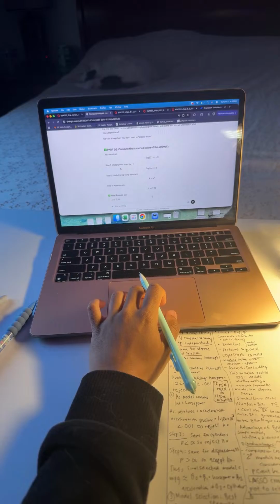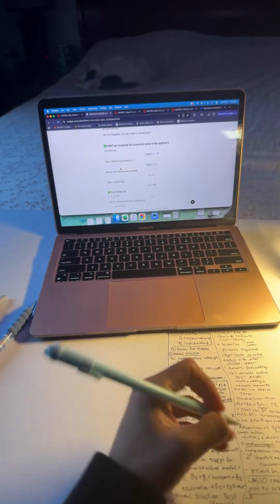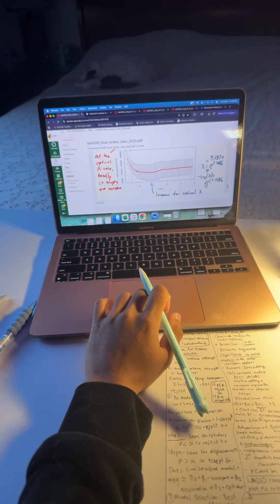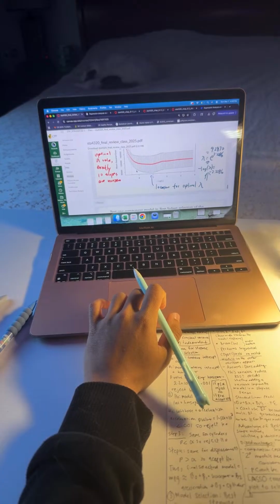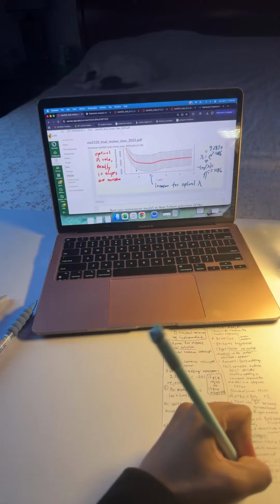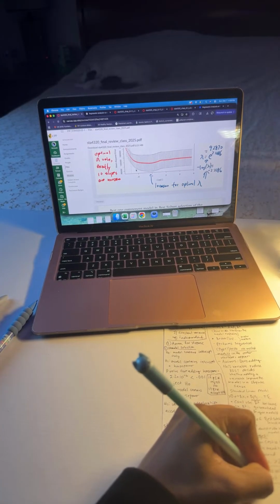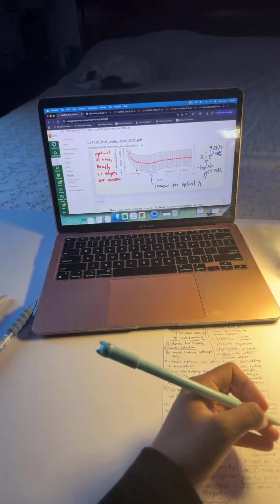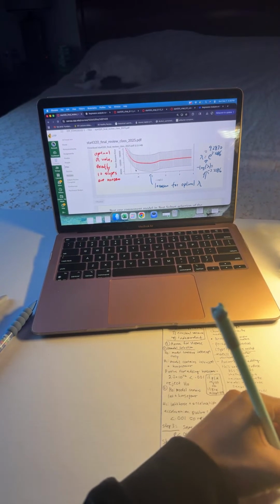Okay, so let's say, for example, the optimal lambda is equal to negative 2.286.